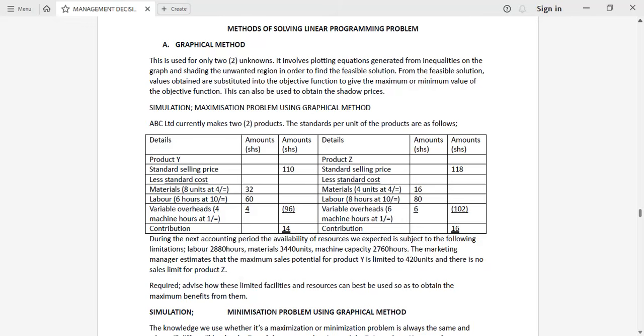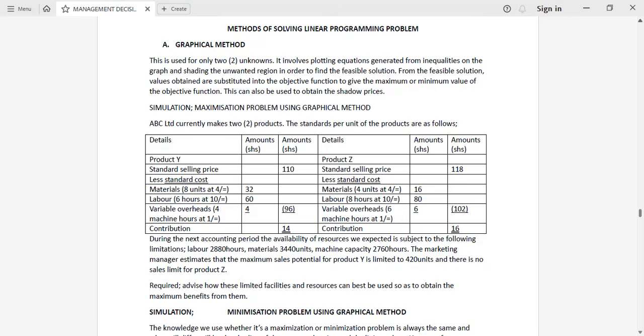Then we look at the impact of that extra 1 hour on the profit. When we used the 10 hours, we earned 20 million, because 10 hours was the maximum we had.